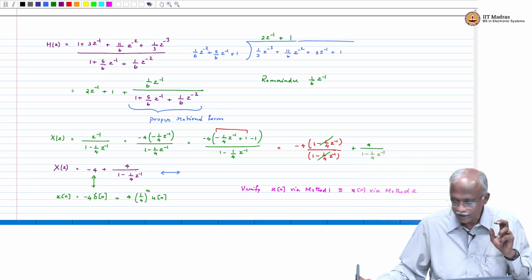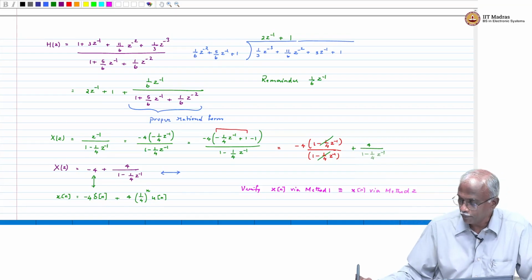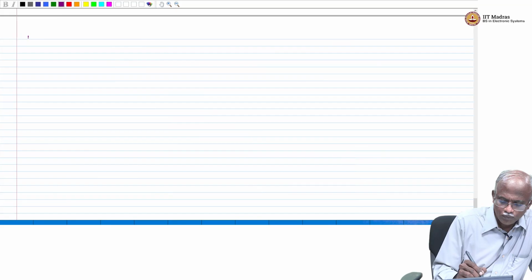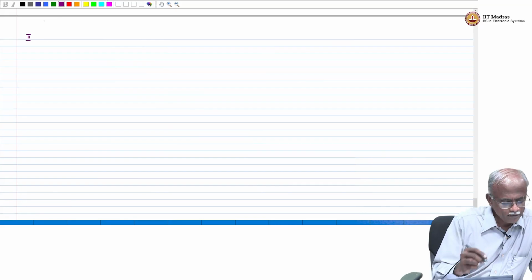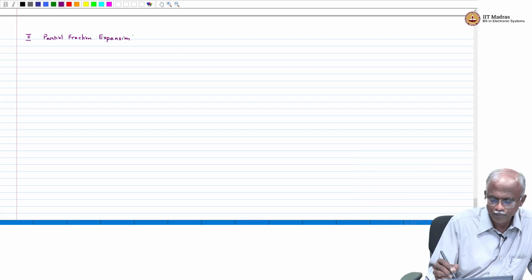Now the second one that we're going to be looking at is the partial fraction expansion, second method. So method number 2 for getting the inverse Z transform is partial fraction expansion. This is also very similar and simple like the first method.